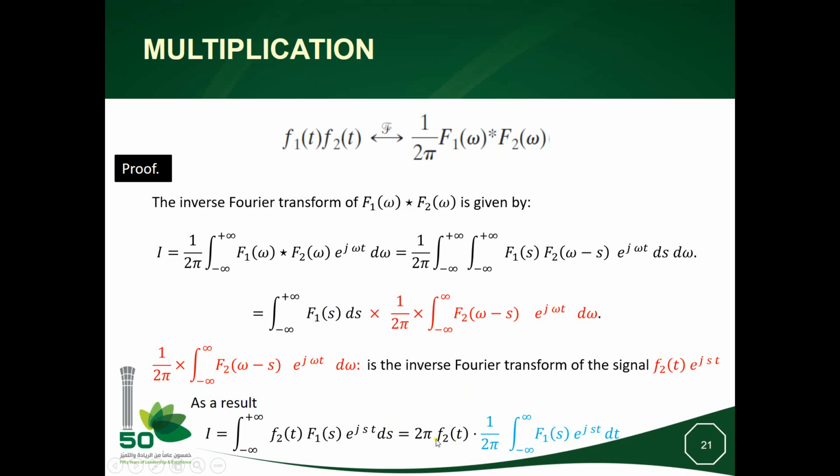So I will multiply now by 2 pi, and I will divide by 2 pi, with F1 of s exponential j s t ds. And the blue expression here is exactly the inverse Fourier transform of F1.